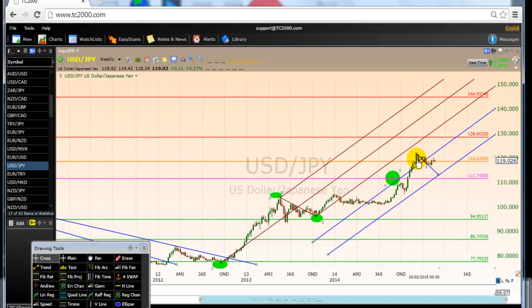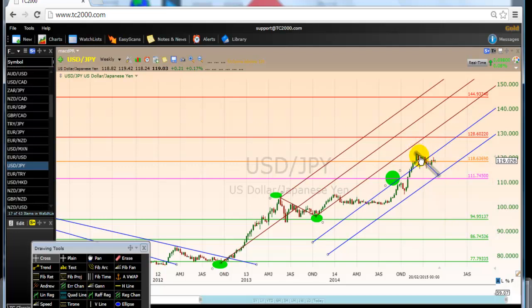The only thing, ladies and gentlemen, that can change this situation now is the Japanese putting up interest rates. If the Japanese central bank starts putting up interest rates before the Americans, that will change the dynamics of this market.